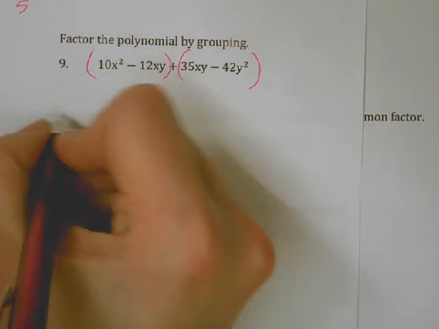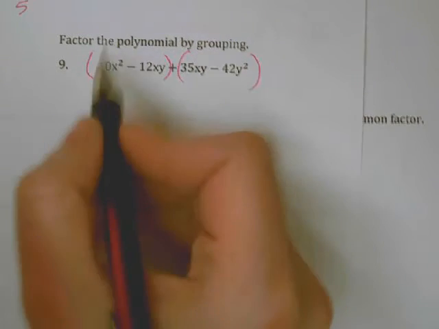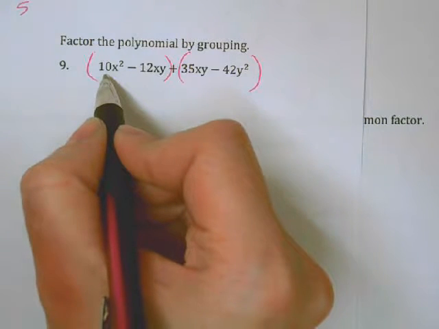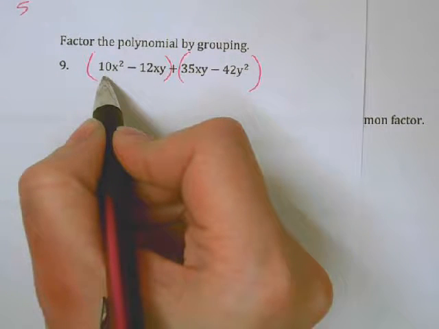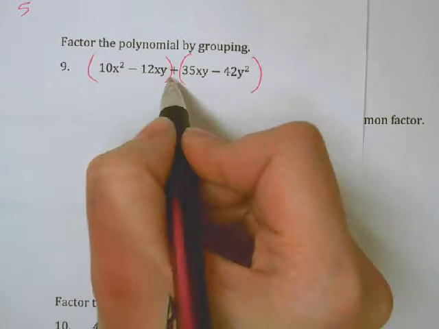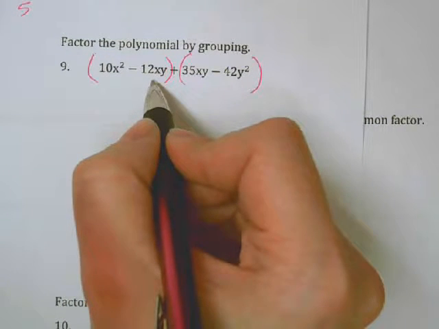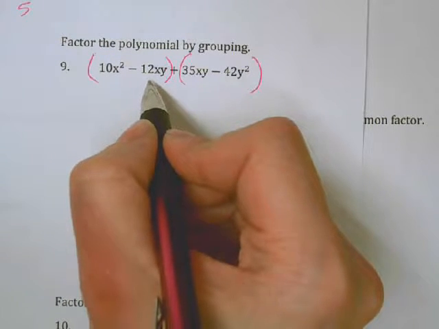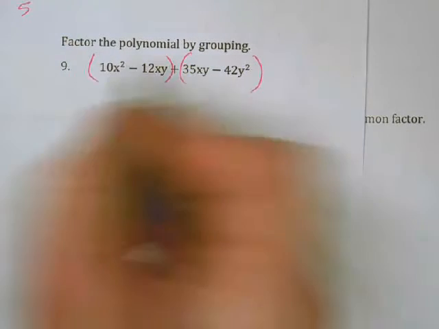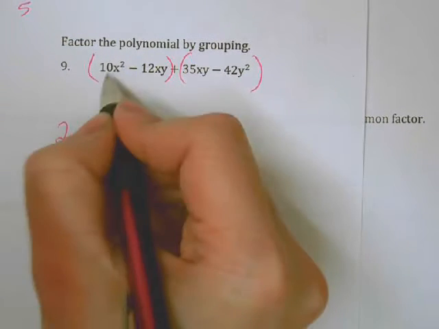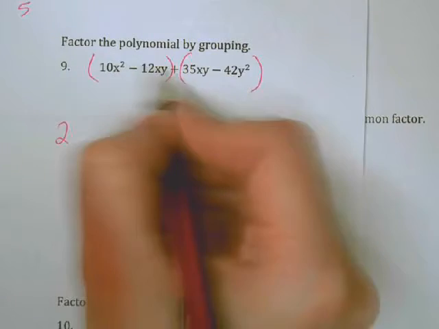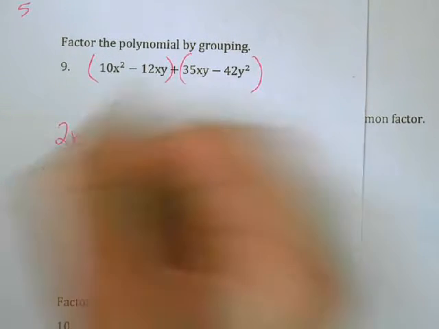So if I look at this, my factors for 10 are 1 and 10, and 2 and 5. Factors for 12, 1 and 12, 2 and 6, and 3 and 4. So my greatest common factor with these two is a 2. And then they both have an x with them as well. This one has an x squared and this one has an x, so I can pull out a 2x.